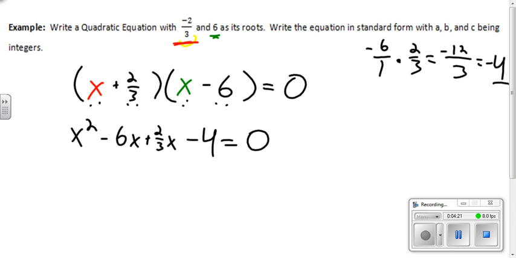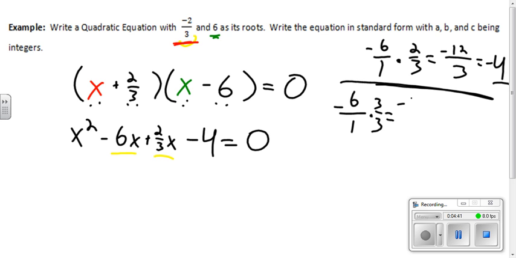We still need to combine our like terms. I'm going to move over here to show you a good way to do that. Anytime we are adding fractions, we need to get them into a common denominator. If we look at -6 as -6 over 1, we need to get it into a denominator of 3. So we multiply by 3 over 3, which leaves us with -18/3.